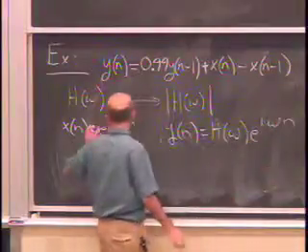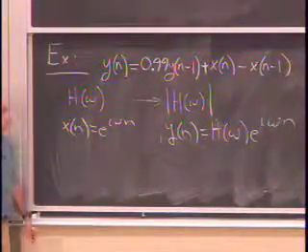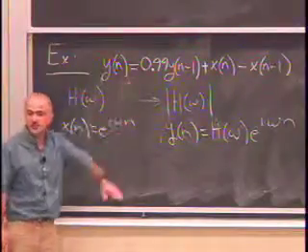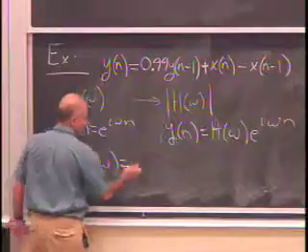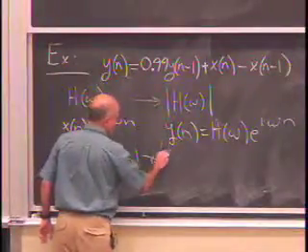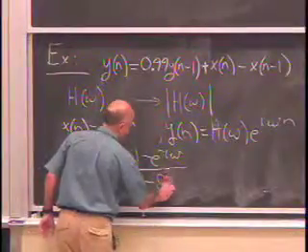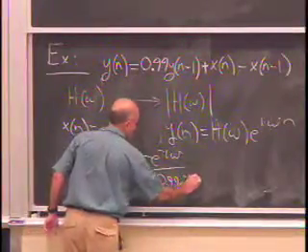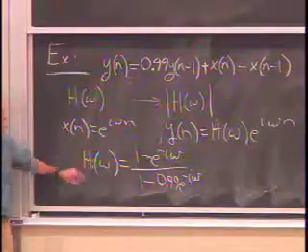If x is the complex exponential, y is h times the complex exponential. And when you plug it in and you get to the answer, what do you get? H of omega equals 1 minus e to the negative I omega over 1 minus 0.99 e to the negative I omega. Did you get this? Very good.